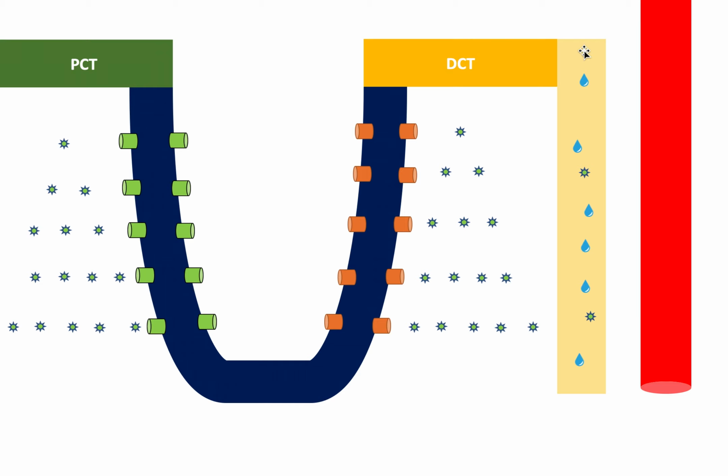Now, to understand the collecting duct or the collecting tubule, we need to remember what happened in the loop of Henle. Remember, the loop of Henle's sole purpose was to create a concentration gradient from the top outside of the tubule to the bottom, meaning near the top of the loop of Henle it was the least concentrated. So everything at this level was the least concentrated.